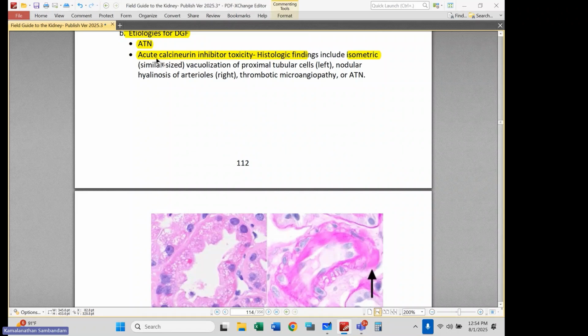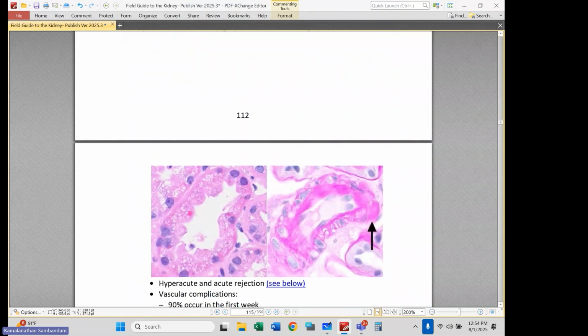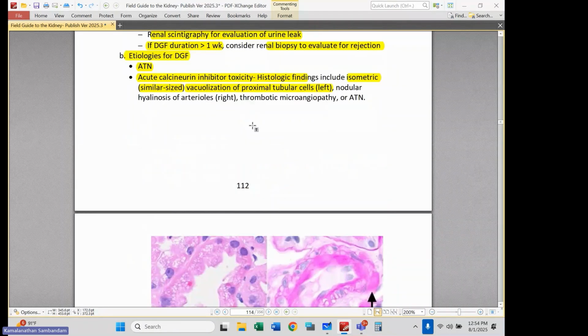That includes isometric, meaning similar sized, vacuolization of the proximal tubular epithelium. So this is an example of this isometric vacuolization. It is not specific for calcineurin inhibitor toxicity. You can see this with other injuries, including high osmolar loads.